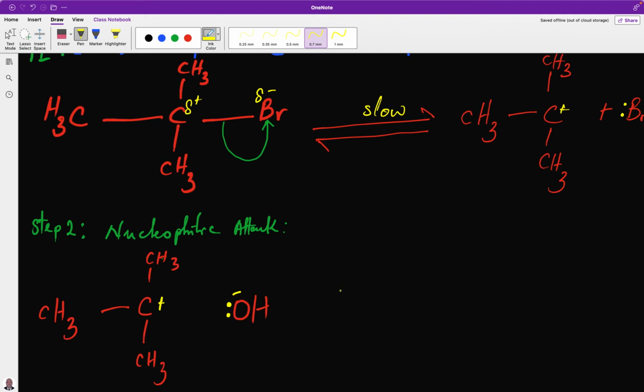That is our nucleophile. So the product that results here will be this one.